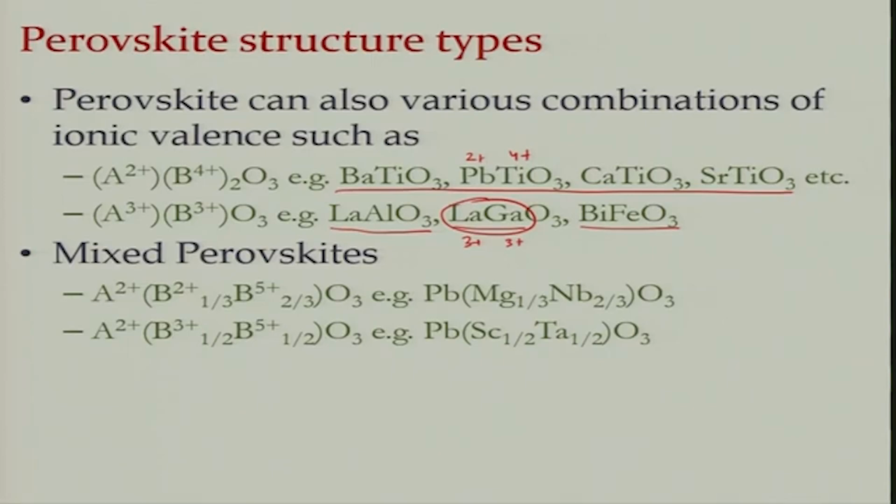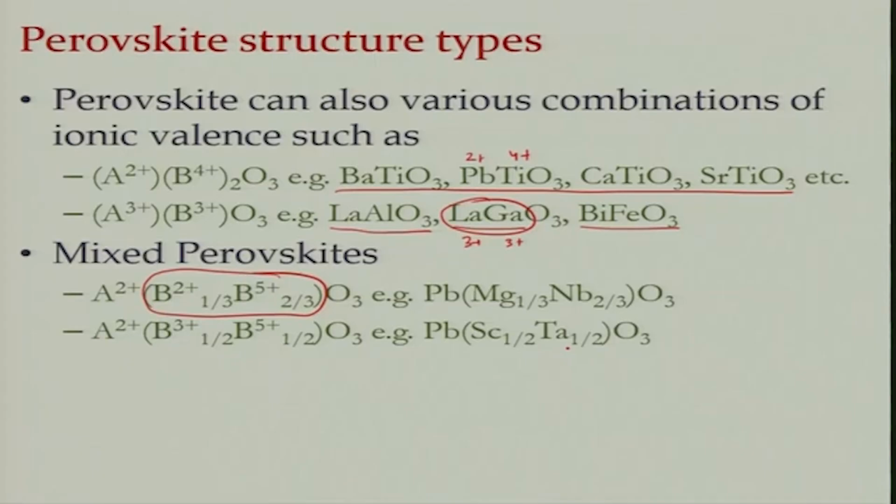You can also have mixed perovskites, such as A 2 plus and the B atom being a mixture of 2 plus ion and 5 plus ion, such as lead magnesium niobate. It is a relaxor material. Basically it is a solid solution in such a fashion that the B site is partially substituted by 2 plus or 5 plus atoms. And we can have A 2 plus, B 3 plus and B 5 plus in the stoichiometry of half-half, so you can have lead scandium tantalate kind of materials.